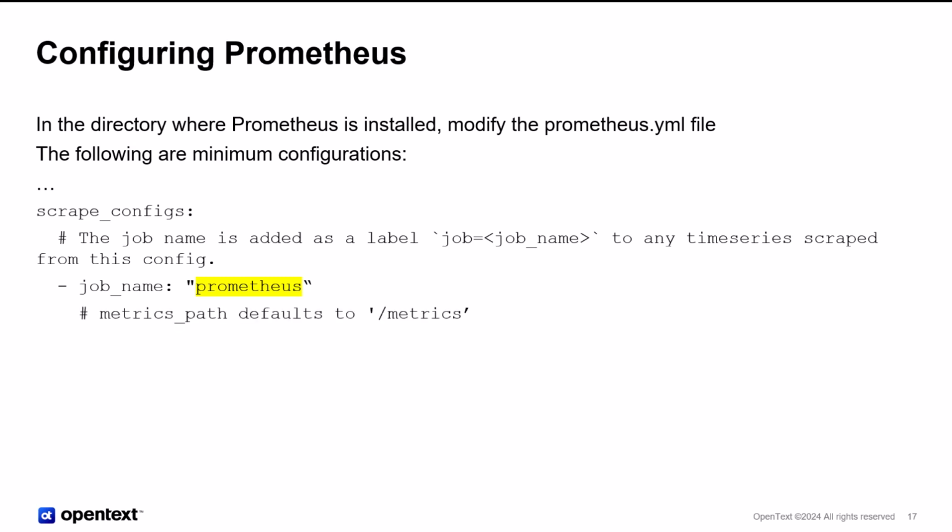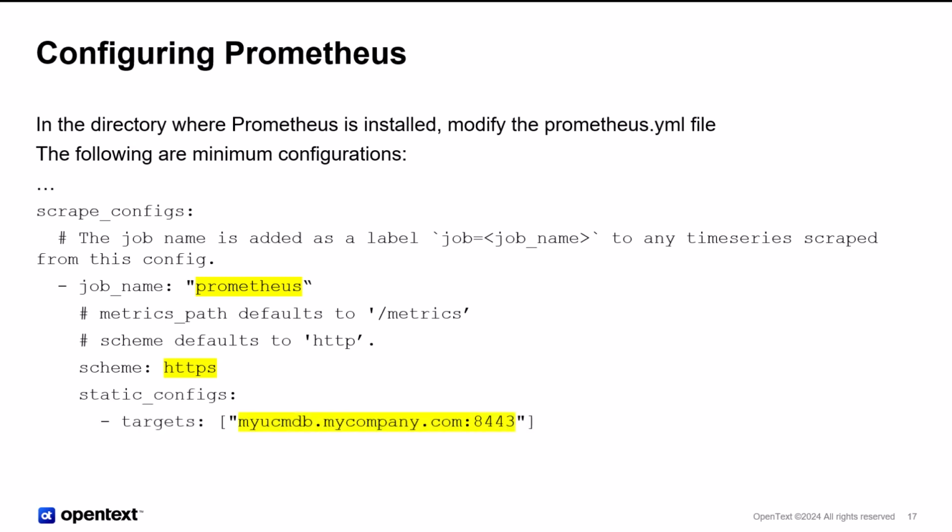The metrics path defaults to /metrics, which is fine. The scheme is HTTP, but for UCMDB, we need the scheme to be HTTPS. And then under the static configs, you list your target. I've listed myucmdb.mycompany.com:8443.